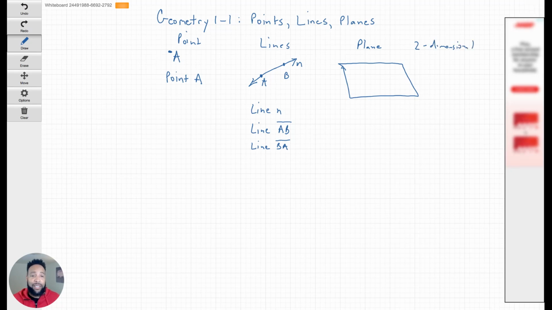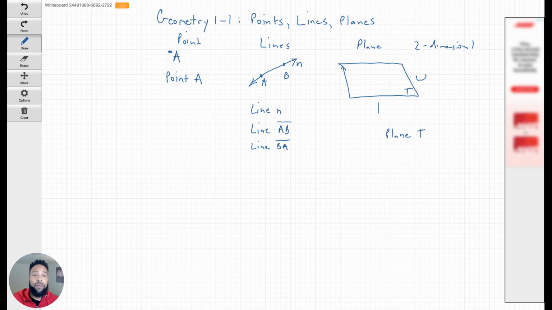In this case, this has length and width. So there's your 2 dimensions right there. So with the plane, we can give it the letter T. And usually when you name a plane, you put a letter in the corner, any corner, and that's what you call it. So this could be plane T.